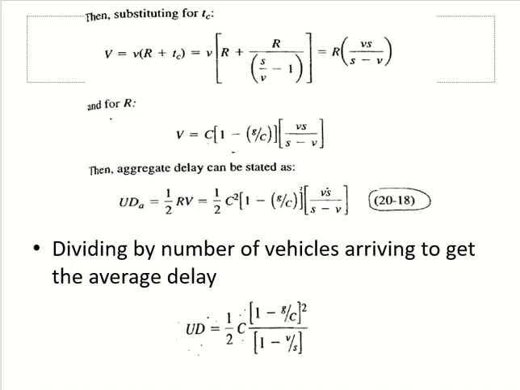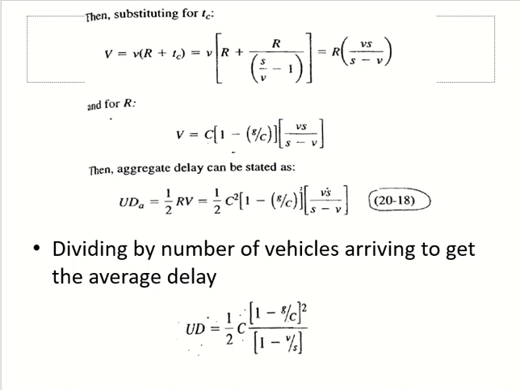Anybody remembers what is saturation flow rate? Maximum flow rate. And what is capacity? Maximum flow rate. What is the difference between them? Nothing? Anybody? Which one is exceeding the maximum capacity? Saturation is higher.